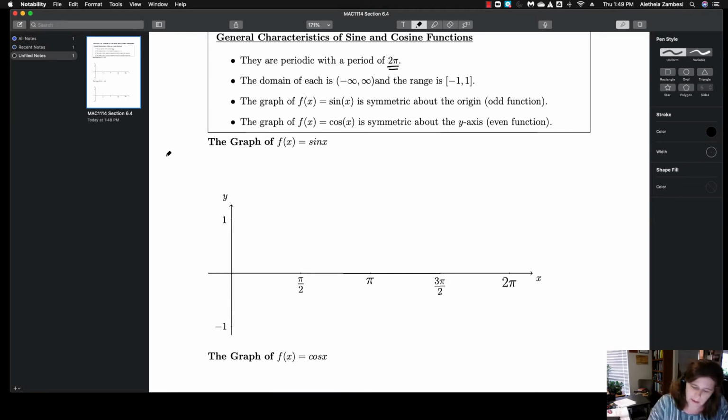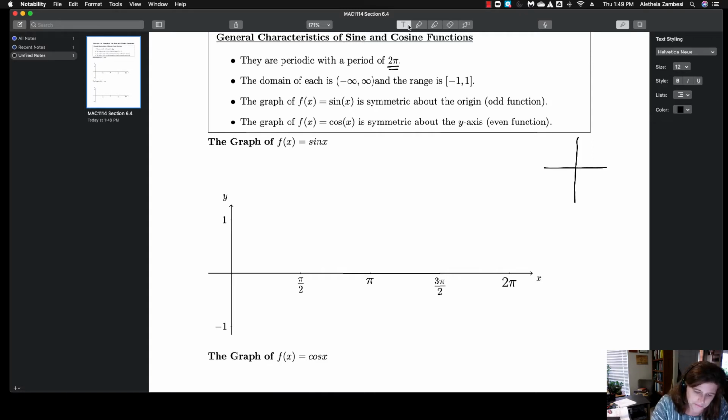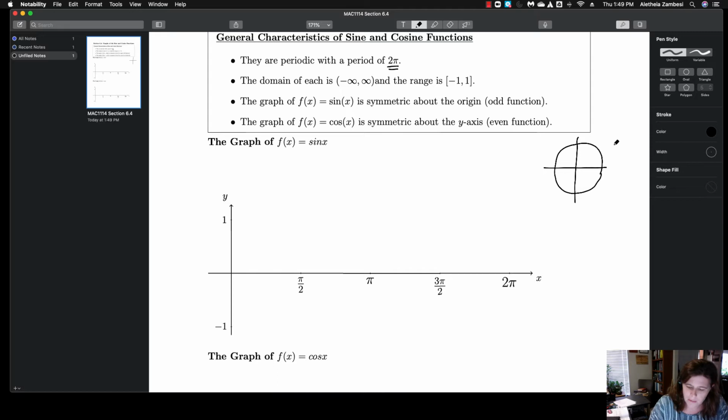As you remember from the previous section, if you're looking at the unit circle, then the sine function is our y coordinate on the unit circle. It's a basic graph of the unit circle. If I'm looking at the y coordinate, remember that this is 0, this is pi over 2, this is pi, and 3 pi over 2.